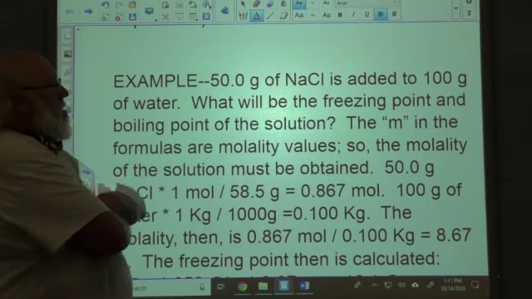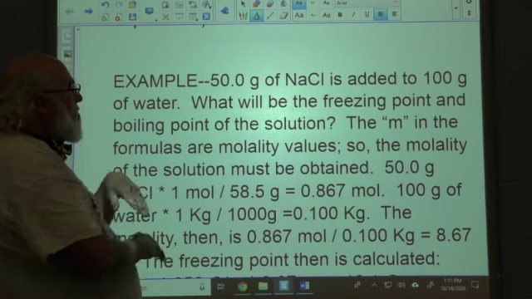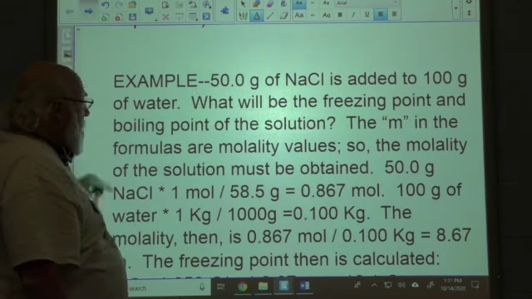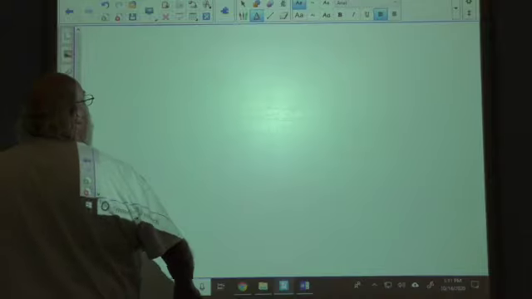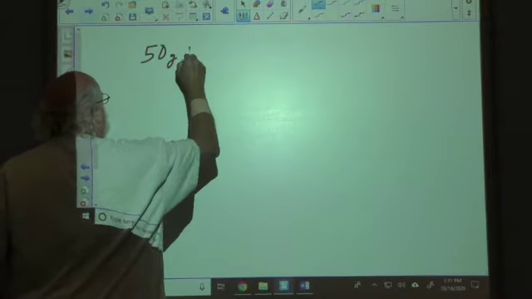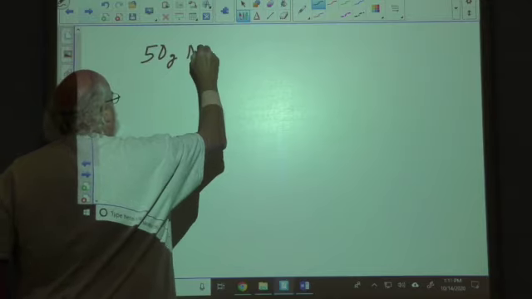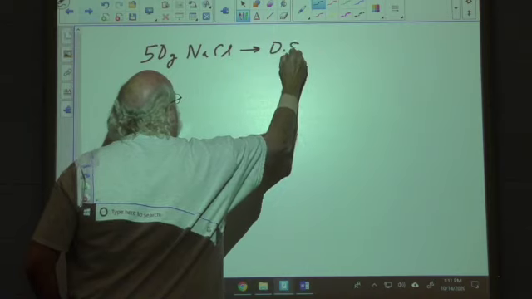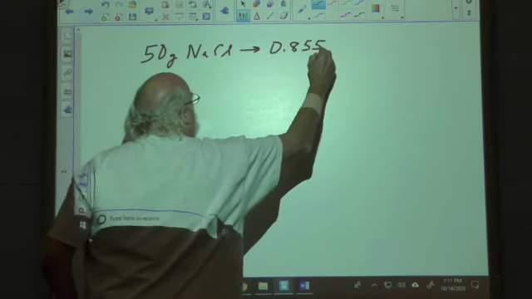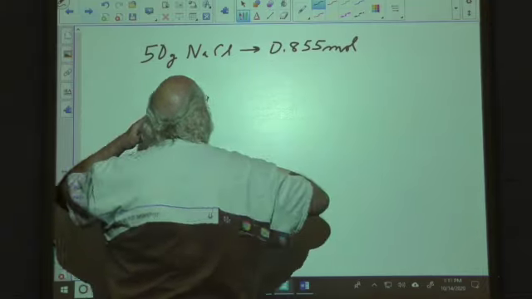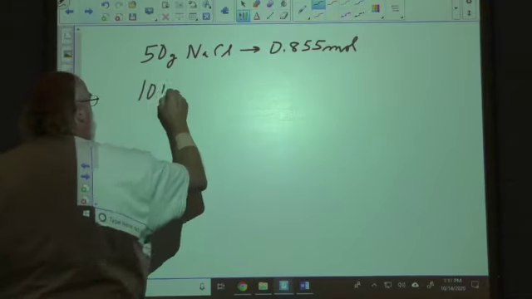Anyway, it says, what would be the freezing point and boiling point of the solution if you have 50 grams of sodium chloride dissolved in 100 grams of water? So we have 50 grams of sodium chloride, and we said it was 0.855 moles of that. We have 100 grams of water.